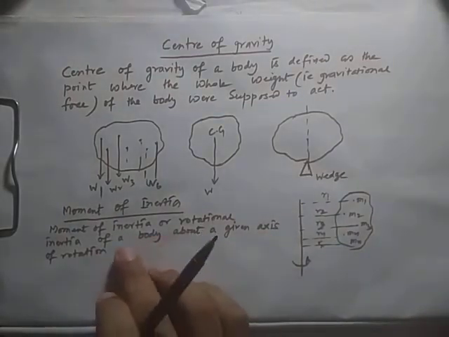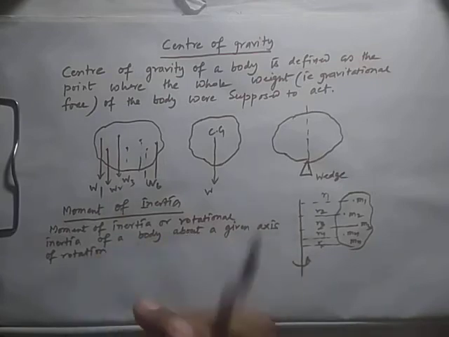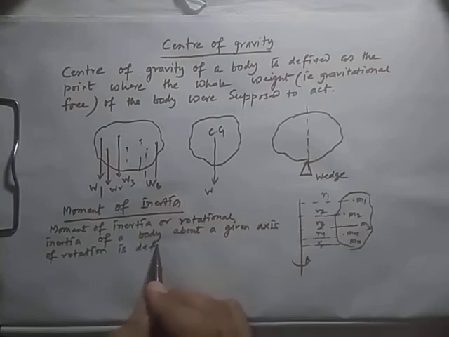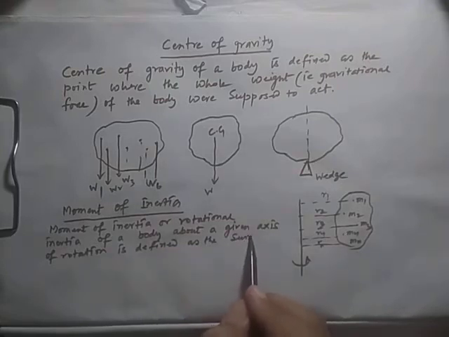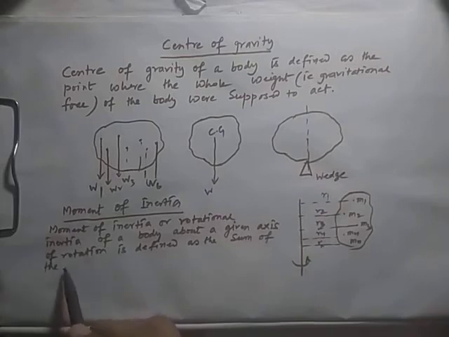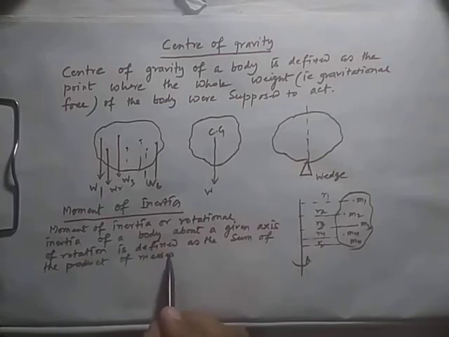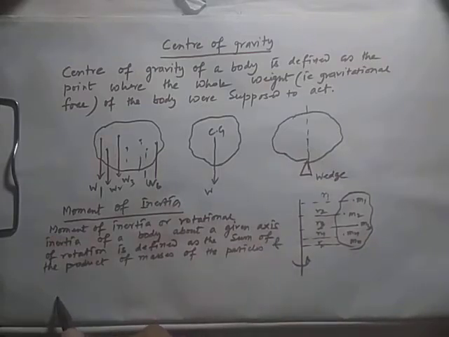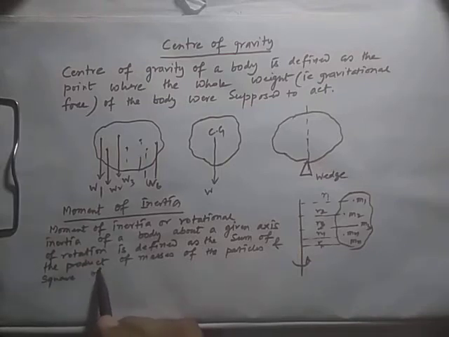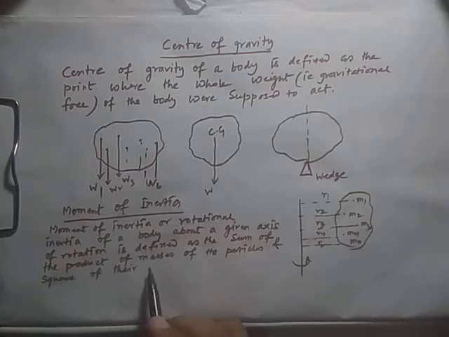So what I wrote: the moment of inertia of a body about the axis of rotation is defined as the sum of the product of masses of the particles and the square of their distance from the axis of rotation.